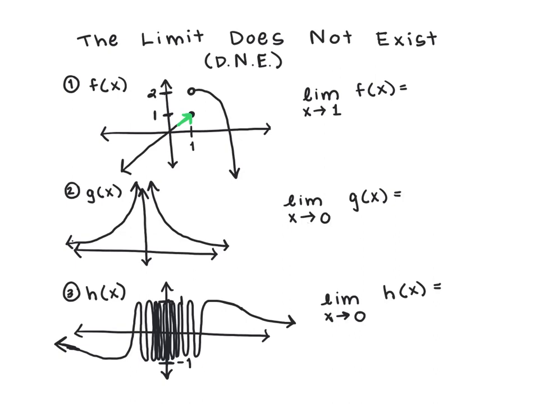And then if I trace along my function from the right of 1, and I get really close to 1, I see the value of my function is approaching 2. Here, because the value of my function is not approaching the same value from the left and from the right of this x value 1, we have that the limit does not exist.